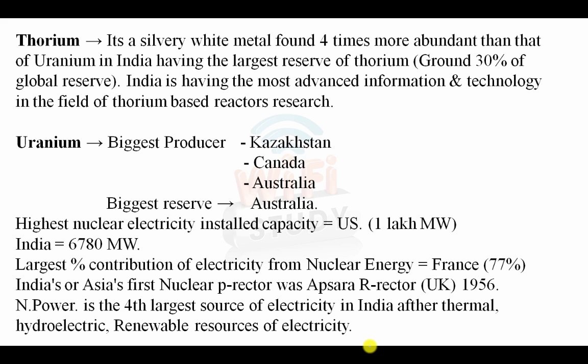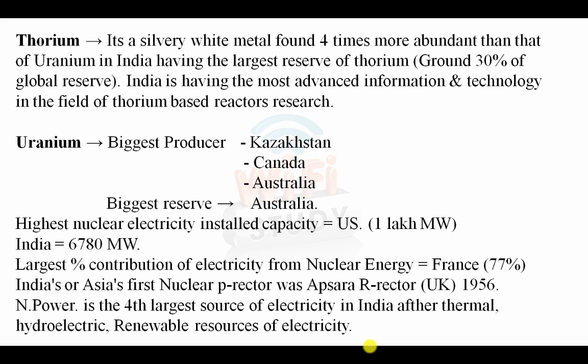Now thorium, what is thorium? Thorium is a silvery white metal found 4 times more abundant than uranium.